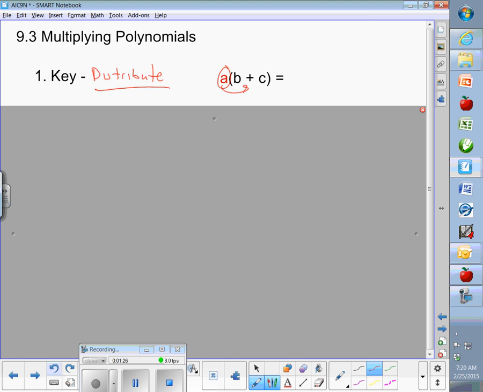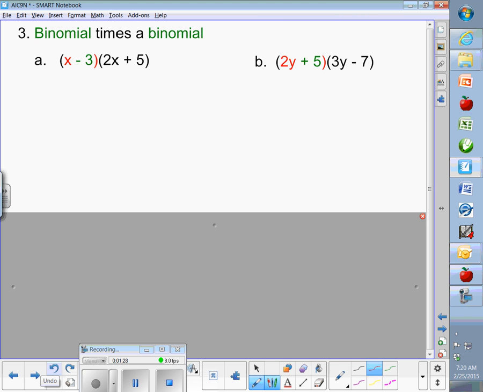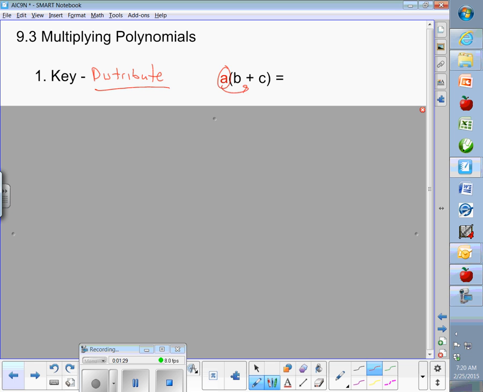How do we do that mathematically? Well, we take the A and multiply it times the first thing in the parentheses, so that would be A times B. All right, and then we take the A and multiply it times the second.